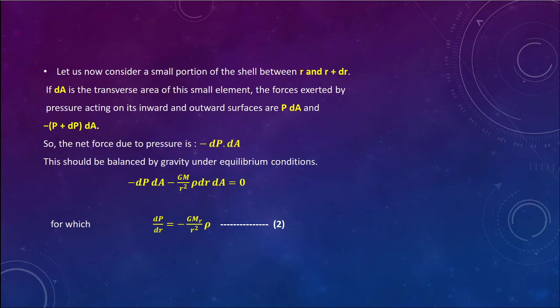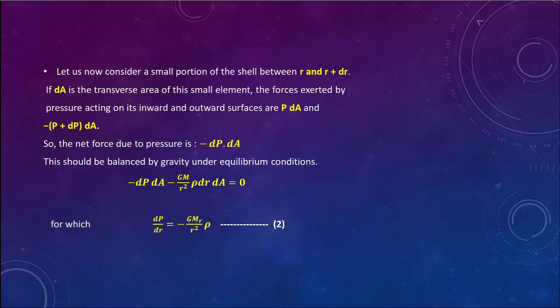The gravitational field at r is caused by the mass M(r) inside the radius r. It is important to take the corresponding mass where we take the pressure at r. The gravitational field is equal to minus G M(r) by r squared.